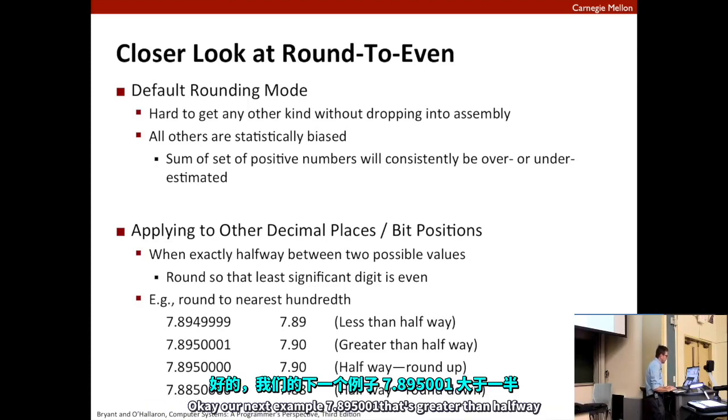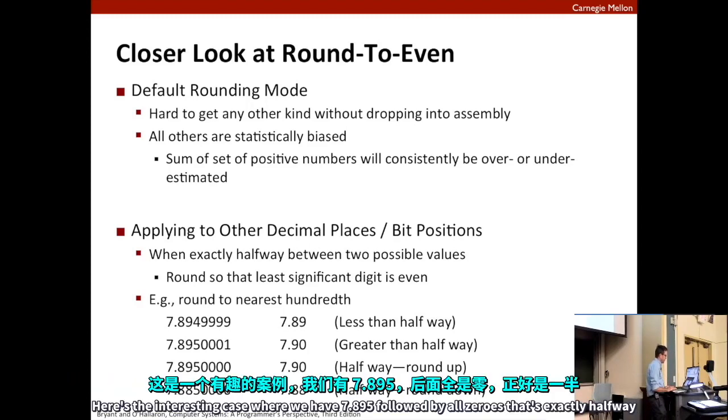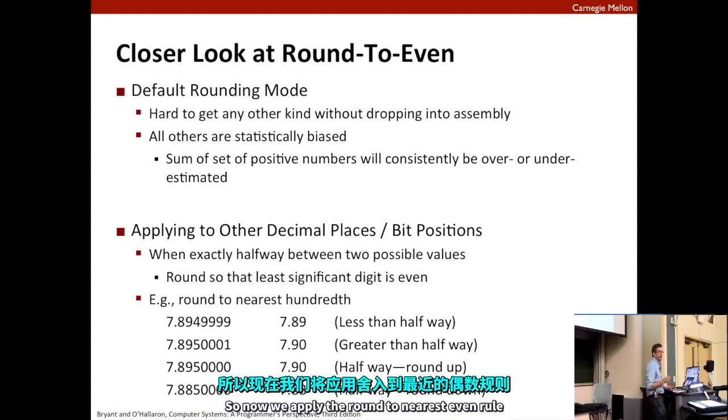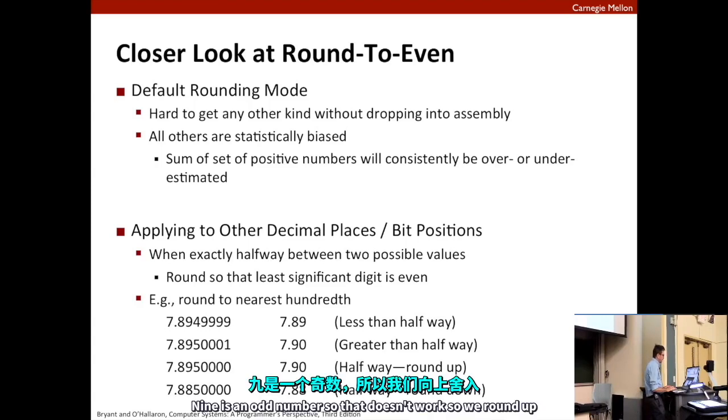Okay, the next example, 7.895001, that's greater than halfway. Right? If this was a 0, it would be exactly halfway. So we round up to 7.9. Okay, now here's the interesting case where we have 7.895 followed by all zeros. That's exactly halfway. So now we apply the round to nearest even rule. 9 is an odd number, so that doesn't work.